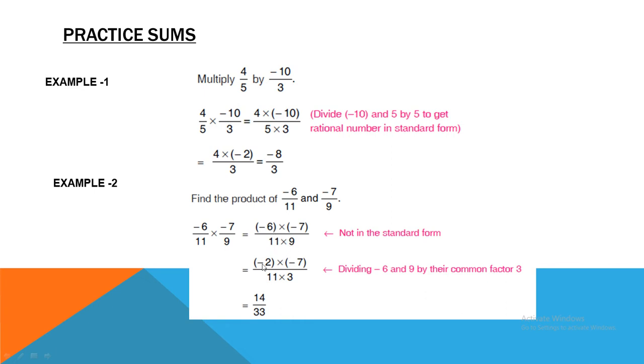So cancel them, you get minus 2 and 3. Multiplying numerators together, you get 14, and denominators together you get 33. So 14 upon 33 is the answer. Another rational number. Again, this property is the closure property.